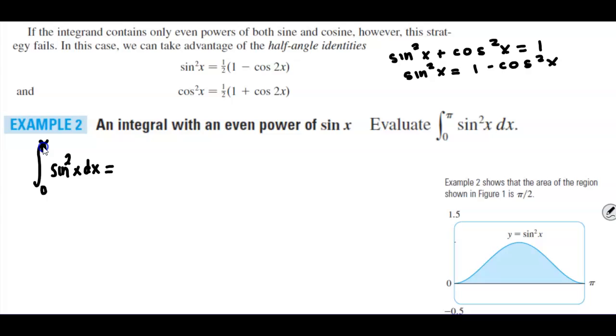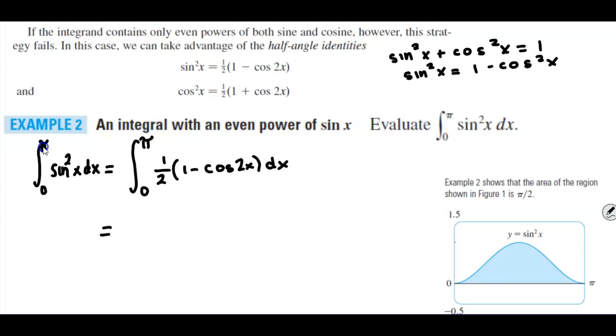Okay, so now using our substitution for our half angle identity, going from 0 to pi, instead of writing sine squared x, we can then write 1/2 times 1 minus the cosine 2x dx. And from here, we can actually integrate.